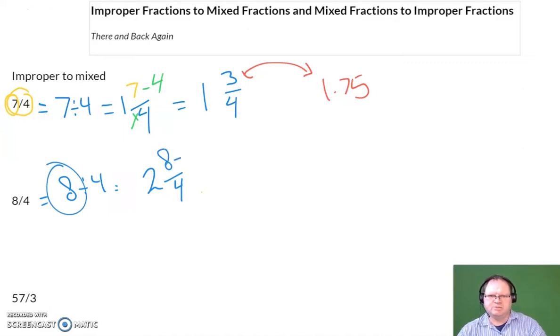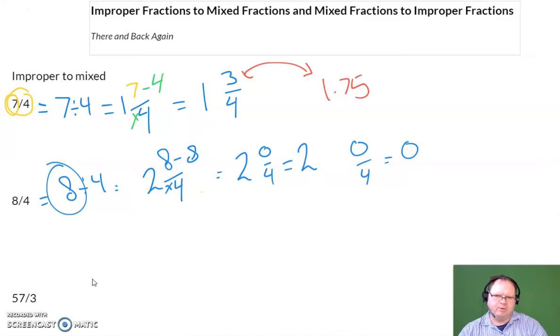And you're going to subtract 2 times 4, whatever that answer is. 2 times 4 ends up being 8. So the answer is 2 and 0 over 4. And 0 over 4 is the same thing as saying 0, so you don't really need to include it. So I could just say that my answer is equal to 2.